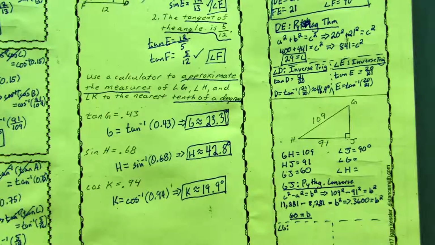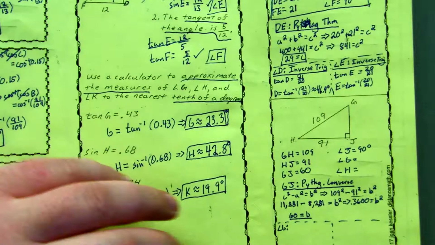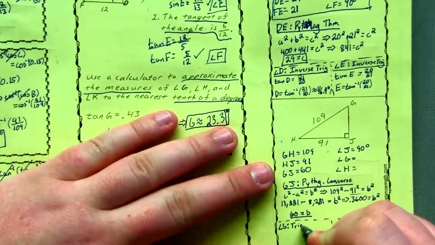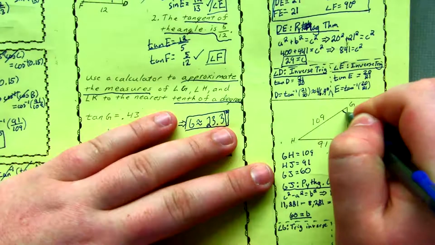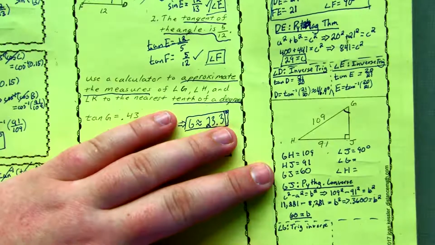How could we solve for angle G? Message me a couple ideas in the chat. Exactly. Yeah, we're going to want to use a trig inverse. So I look at angle G and I see, yeah, very nice.